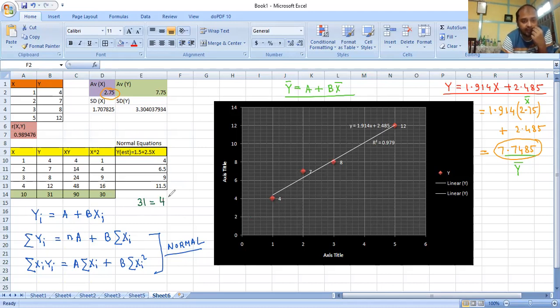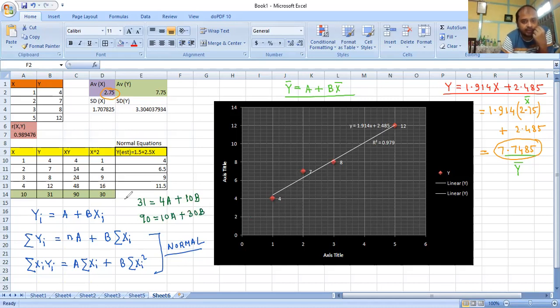So 4a plus b summation xi, so that will be 10b. And for the second equation, we get summation xi yi, which is 90, equal to a summation xi, that is 10a, plus b summation x square, that is 30b.